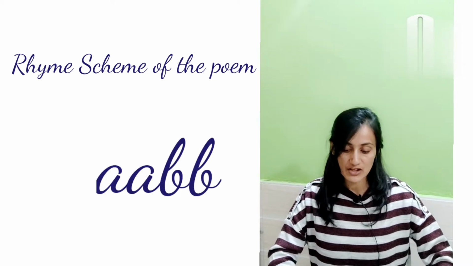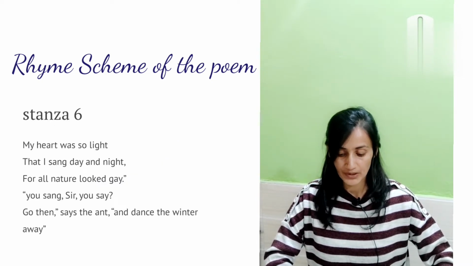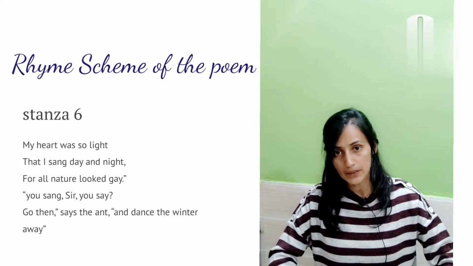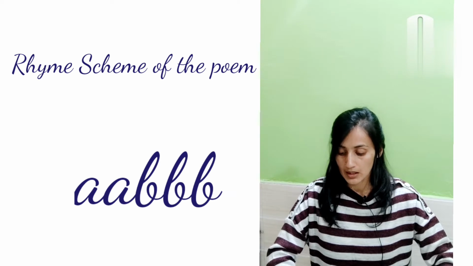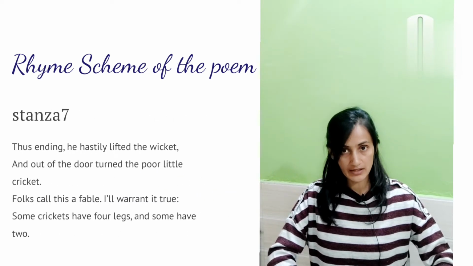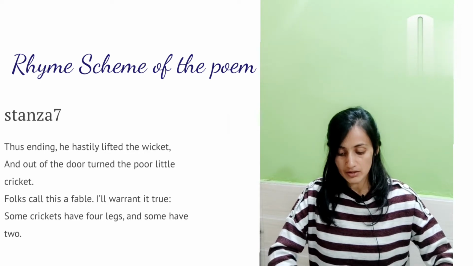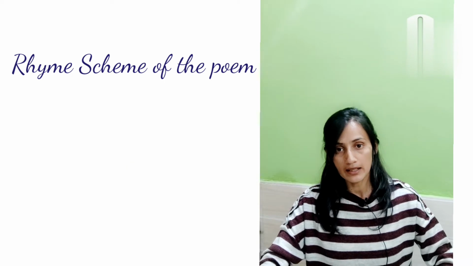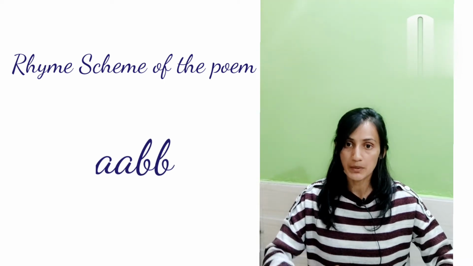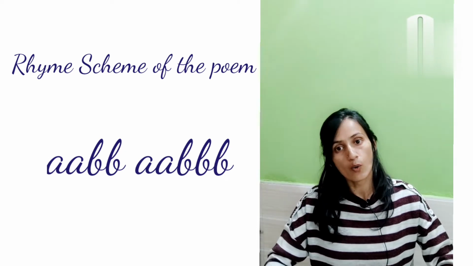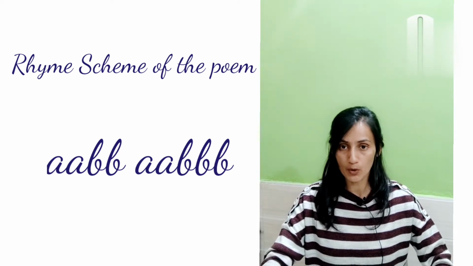In the sixth stanza, light, night, a, gay, say, away, that's b. In the last stanza, wicket, cricket, a, and true, two, bb. So we see a, bb. That rhyme scheme follows in the whole poem. So that's the rhyme scheme of the whole poem.